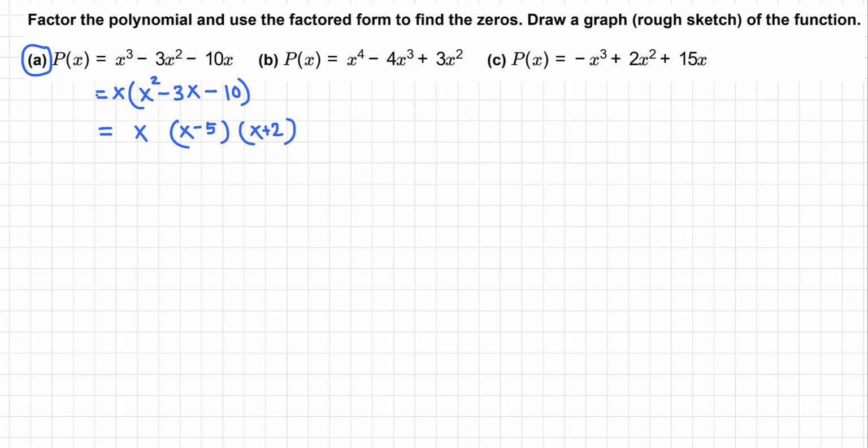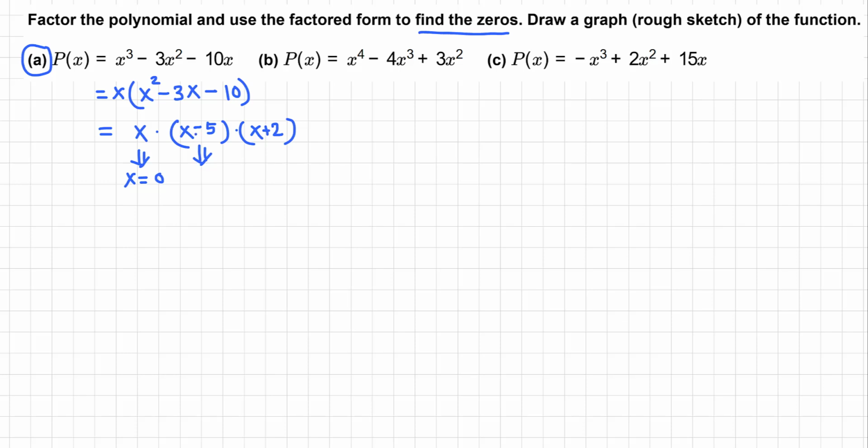Okay. So this polynomial is now in factored form because we got 3 factors. Now find the zeros. So set each of the factors equal to 0, right? From this factor simply x, so x equals 0.